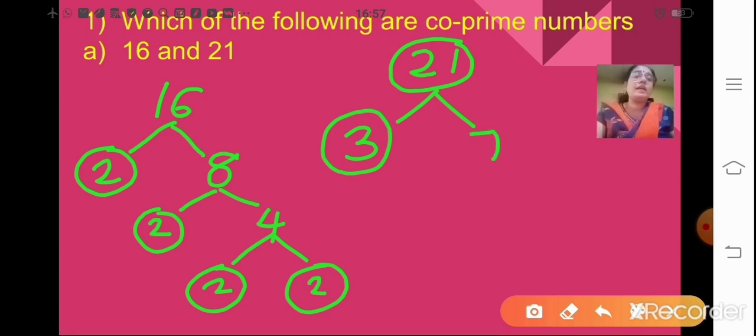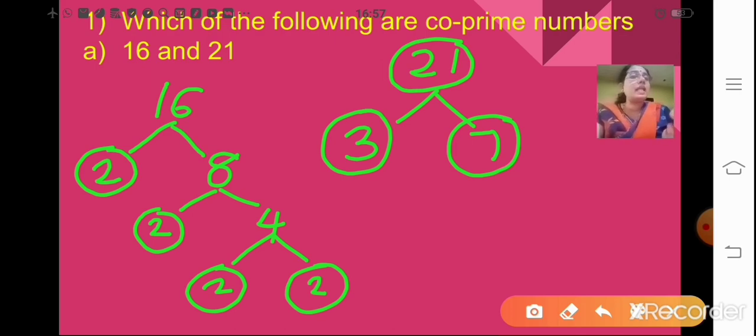Here 7 again is a prime number, so we don't have any other factor. Now in the numbers 16 and 21, there are no common factors. Here all the numbers are 2 and here it is 3 and 7. So there are no common factors between 16 and 21 except the number 1.